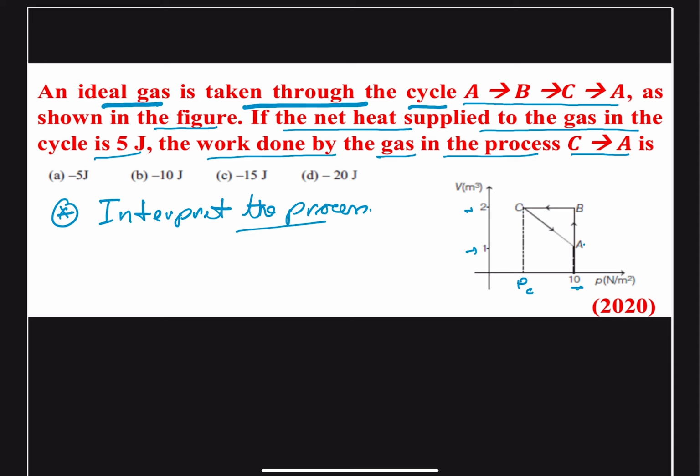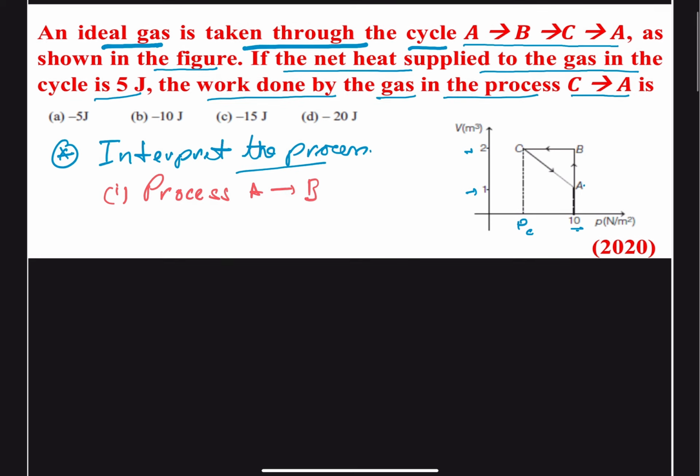The first part is the process from A to B, and this process has a constant pressure, taken as P, and the value of P is 10 Newton per meter square.